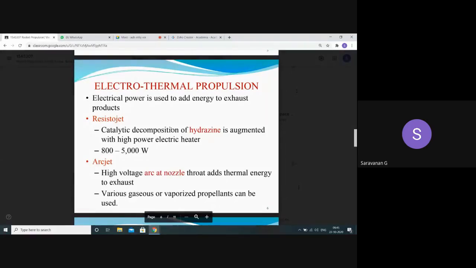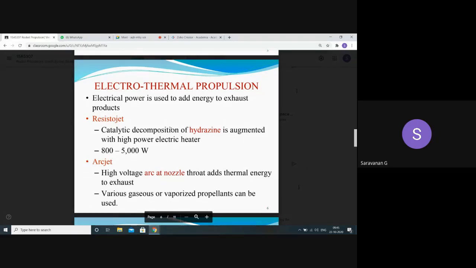So we are using an electric power heater, or heated wall. The wall is meant for heating the propellant, so it is called the resistojet method. Thermal resistance generation is due to the wall heating. The power range is 800 to 5000 watts, voltage times current.